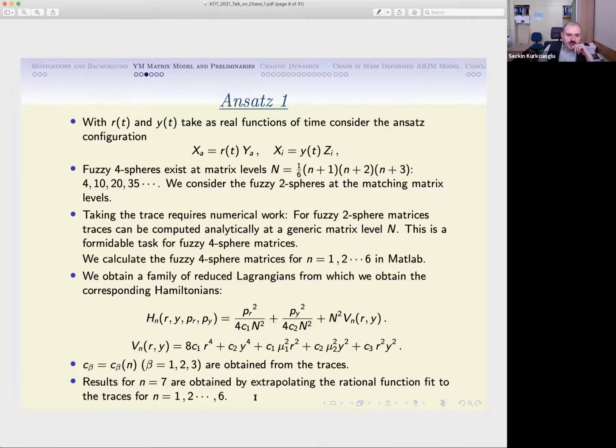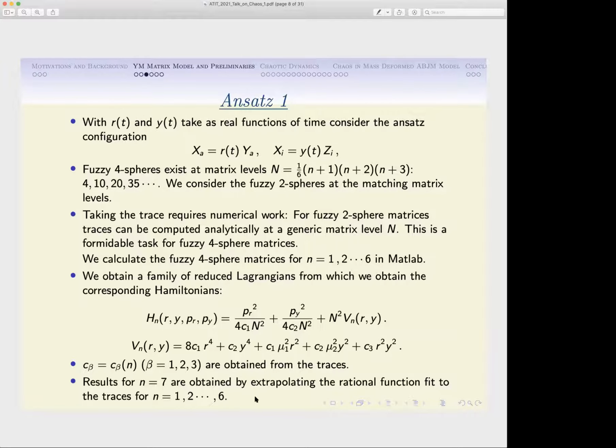So the coefficients C1, C2, C3 are positive. But mu1 squared and mu2 squared, I will show you examples in which either both of them are tachyonic, or one of them is tachyonic and the other one is not.